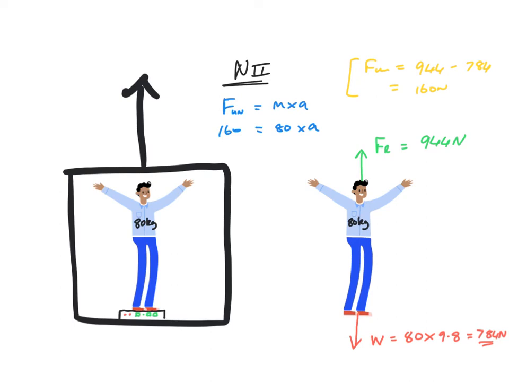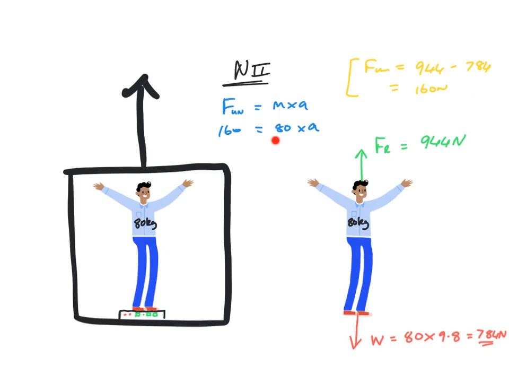We know that the unbalanced force comes about because we've got an upwards force which is greater than the downwards force. To find that unbalanced force, we take the weight from the reaction force, which means there's an unbalanced force of 160 newtons.